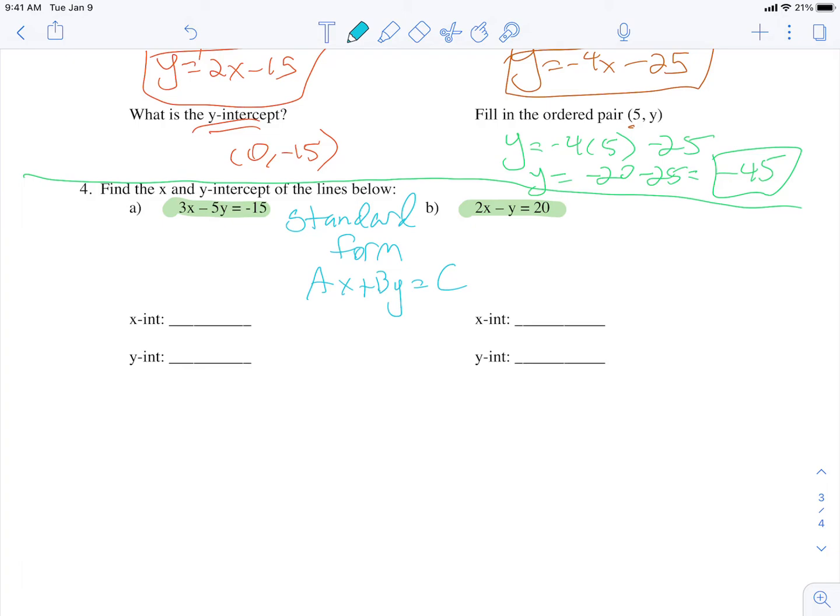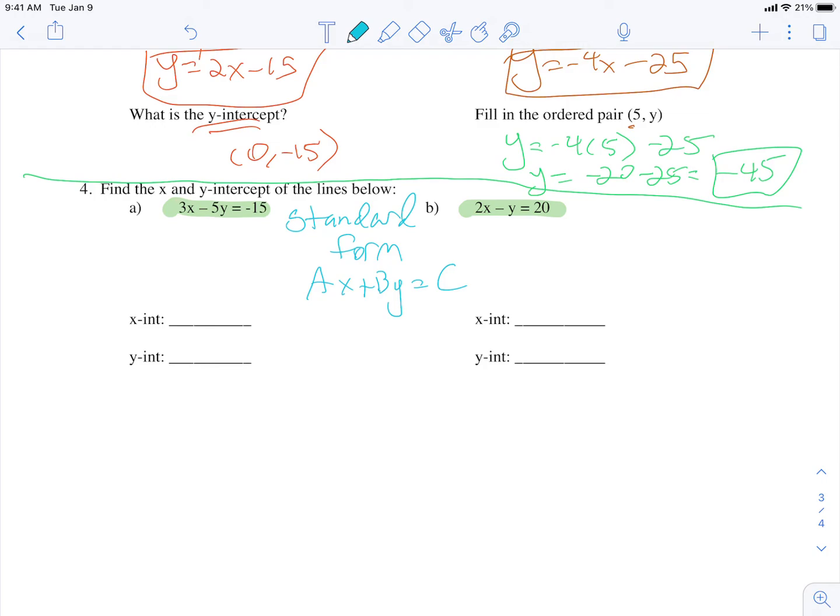Like if you want to say I have $5 worth of peanuts and $7 worth of walnuts, and the total amount is $80, you could figure out the quantity of how many combinations of peanuts and walnuts you would get in order to figure that out. So it's really nice for real world problems, and you'll learn in the next unit about something called systems of equations, and these are really nice to work with.